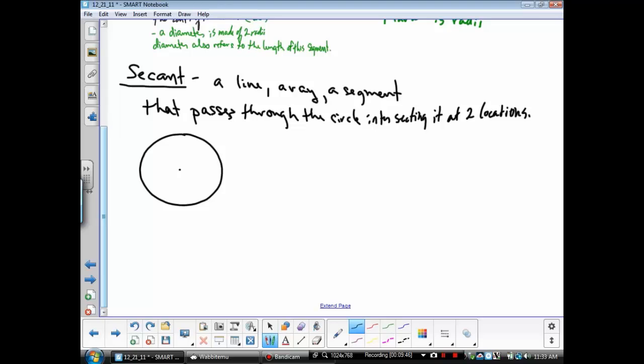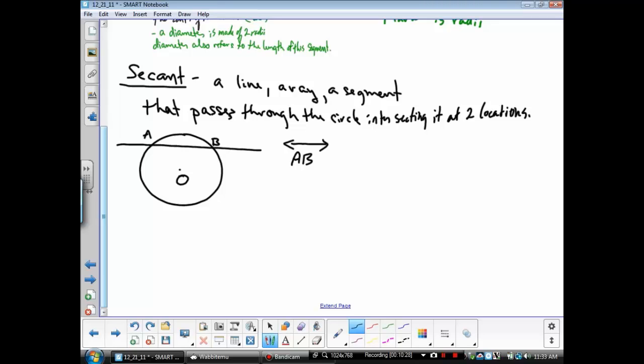So a circle with center O here, a secant would be anything that passes through the circle, so it contains a chord. Here, call this point A and B. Passes through the circle, intersecting it at two locations. So if I want to refer to secant AB, which does contain a chord, I have to refer to either line AB.